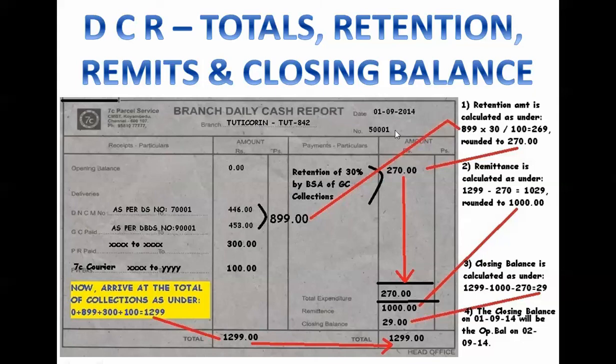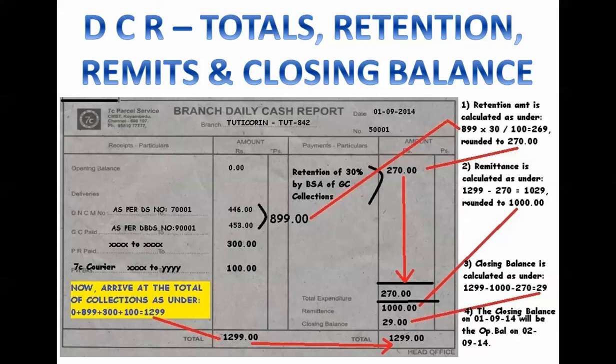But since the commission amounts are settled once in a month, in order to help him in his cash flow, we have decided to allow the booking agents at bus stands to retain 30% of the GC note collections, so that this amount will be used by Tuticorin for incurring his routine expenditure like Hamali payments and crew charges.